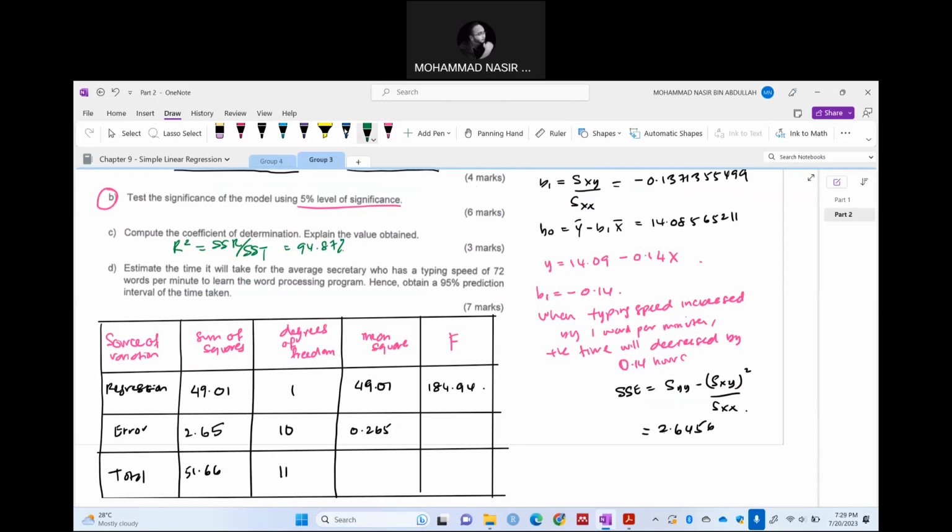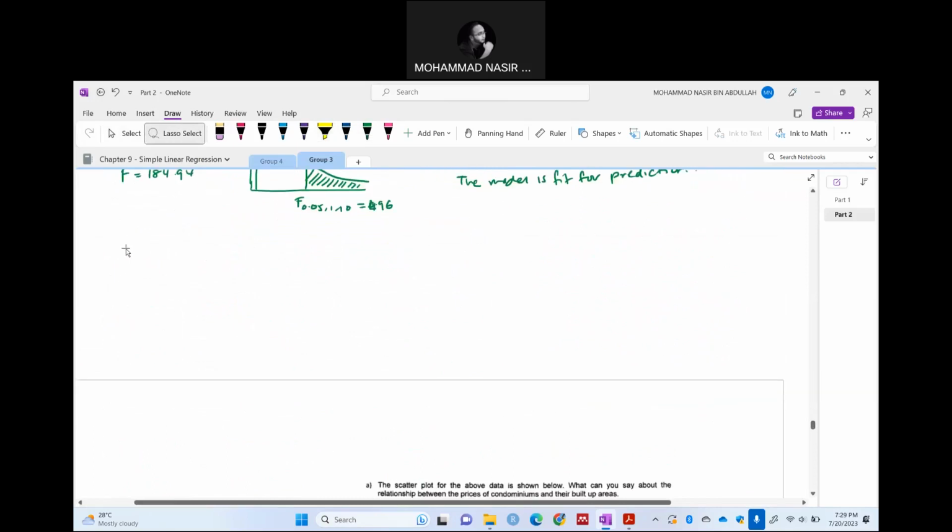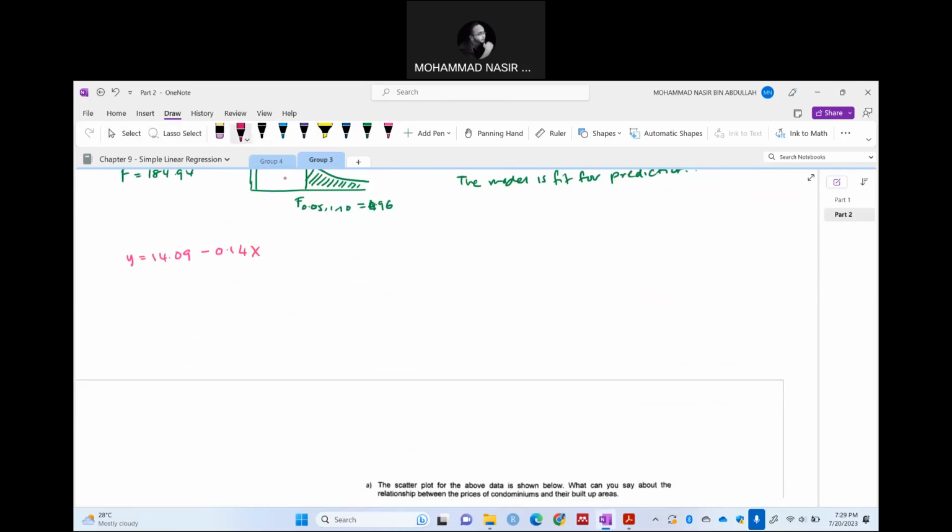So the last question, estimate the time it will take for an average secretary who has typing speed 72. So our regression equation is y equal to 14.09 minus 0.14x. Right, our x is equal to how much? 72.